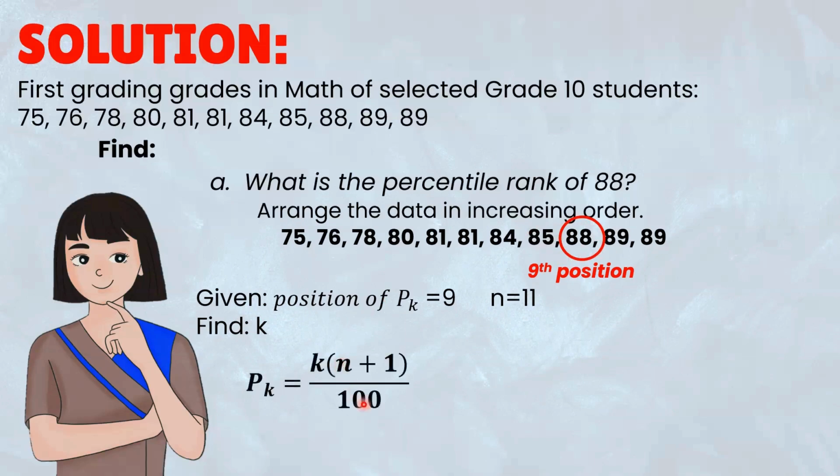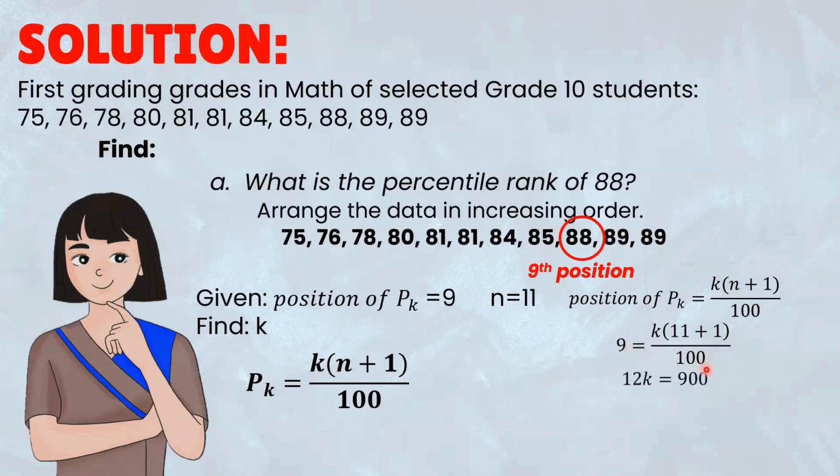Okay, so this is our formula, and we substitute our given values. The position of our unknown percentile rank is 9. Our k is unknown; we are looking for k. And we have here our n, which is 11. Then copy the rest in the formula, plus 1 over 100. We do the cross multiplication. You multiply 9 by 100.